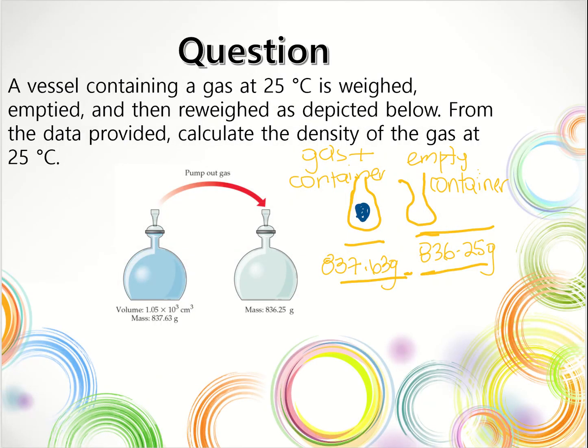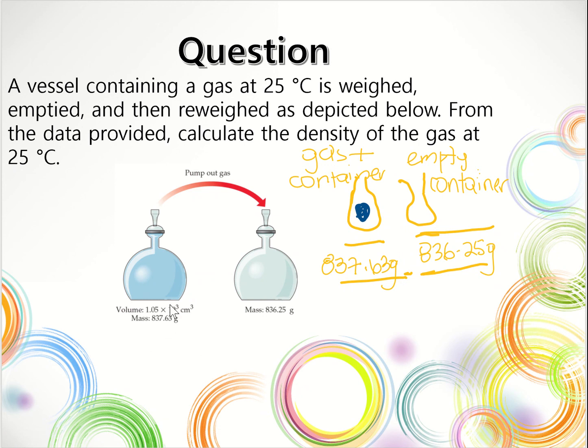All right, so that leads us to another question, which says a vessel containing a gas at 25 degrees Celsius is weighed and then emptied and then reweighed as depicted below. So from the data provided, calculate the density of the gas at 25 degrees Celsius.